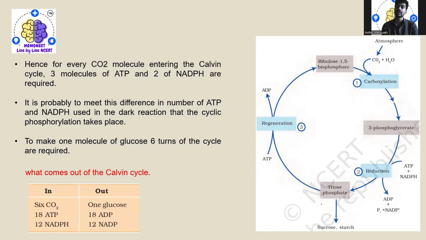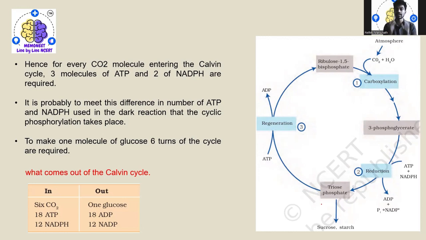Hence, for every CO2 molecule entering the Calvin cycle, three molecules of ATP and two molecules of NADPH are actually required. So it is probably to meet this difference in the number of ATP and NADPH used in the dark reaction that cyclic phosphorylation takes place. Clear to you? So to make one molecule of glucose, six turns of the cycle are required.